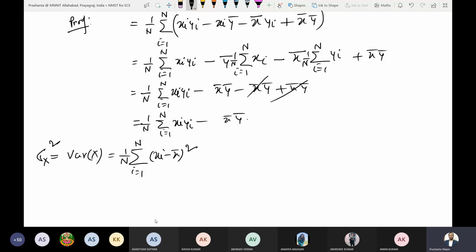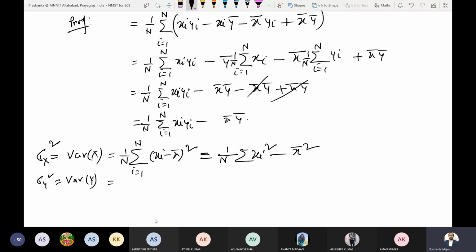If you expand the square and simplify, you will end up with this formula: 1 by n summation xi square minus x bar square. It is very easy. Similarly, sigma y square equals the variance of y.